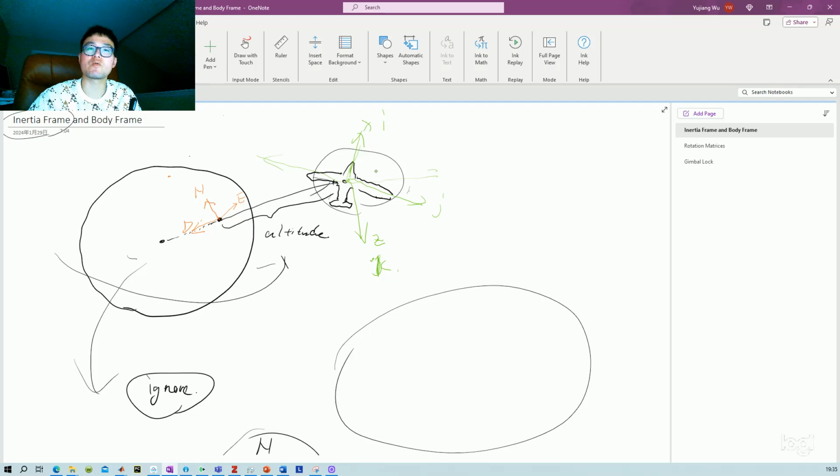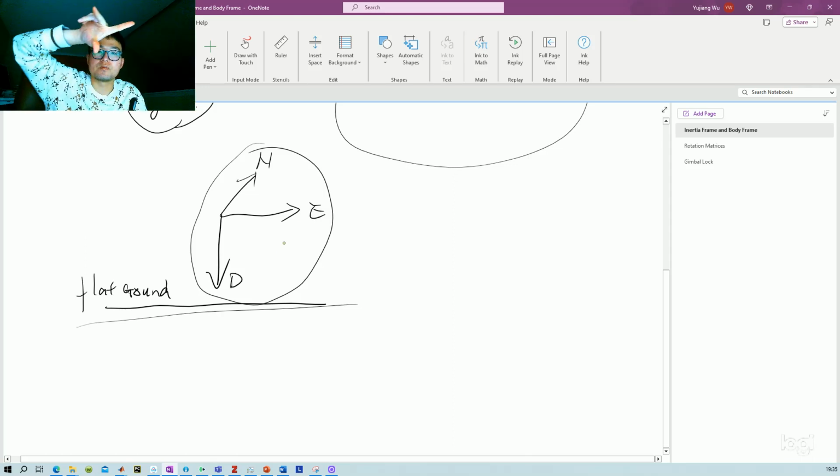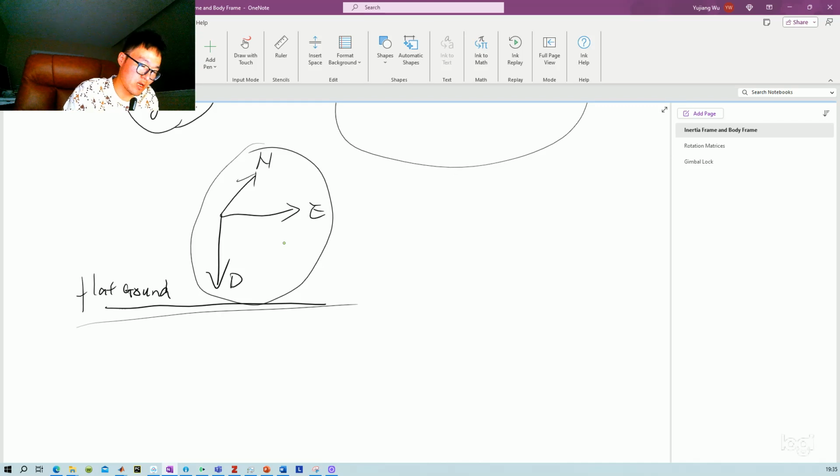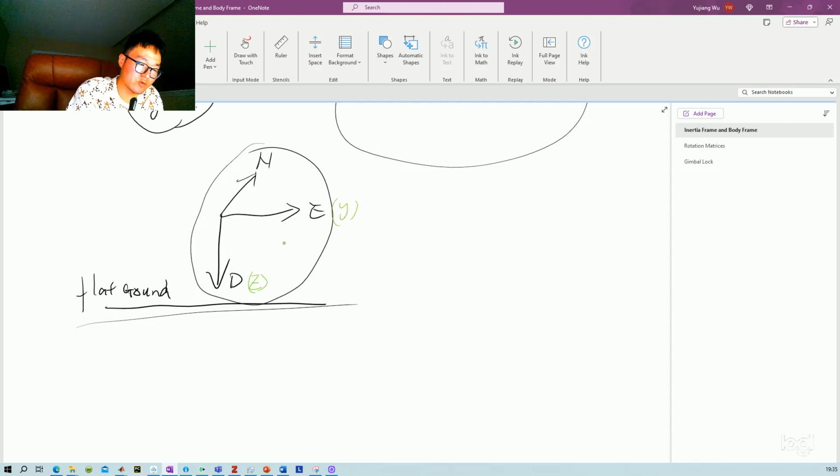If you match this with the north-east-down frame, your z is your d, your x is your north, and your east is then your y. Again, the notation is used alternatively: y is j, x is i, and d could be k.